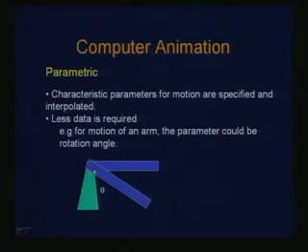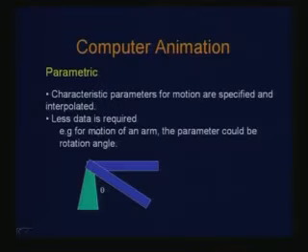right. So, a very obvious example is shown here. So, for instance, what you are doing is some kind of a motion of an arm or a robo arm, right. So, you have a robo arm which rotates from here to here, right. So, when this happens, the entire motion can be parameterized by an angle of rotation, isn't it?